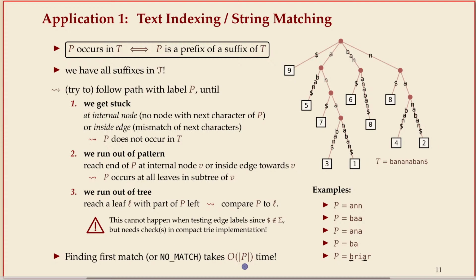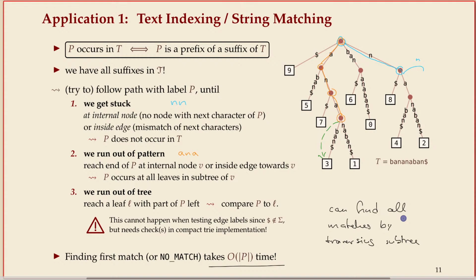So far, only recap. We can find a first match, some match of a pattern in time proportional to the length of the pattern. What I said last time, if I want to find all the occurrences, I have to traverse the subtree, and so I have to spend at least the time to produce all those occurrences. And this running time of just proportional to p depends on these green edges.